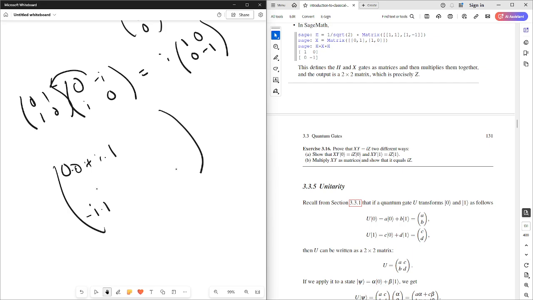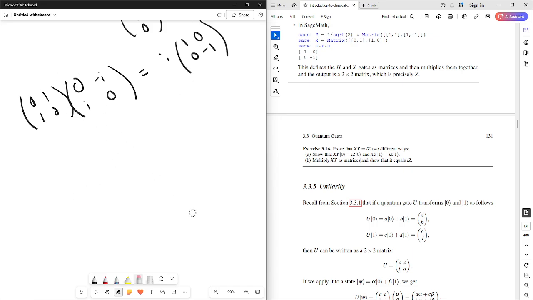No, I bungled this. There we go. We'll say that these two are equivalent. We proved that in part A.